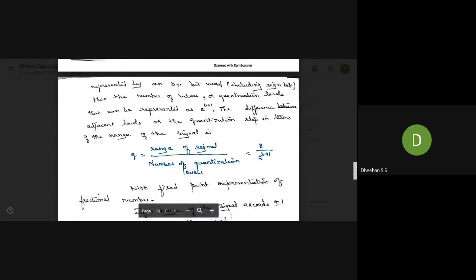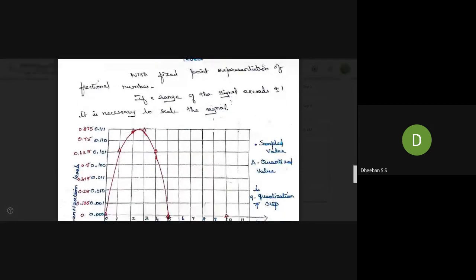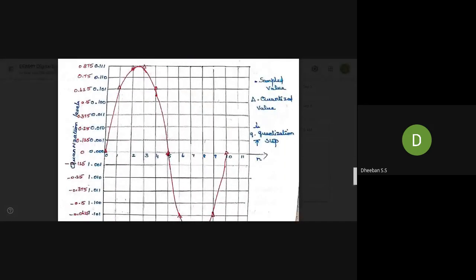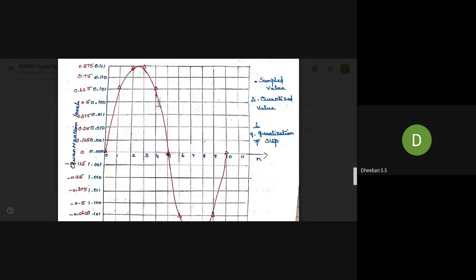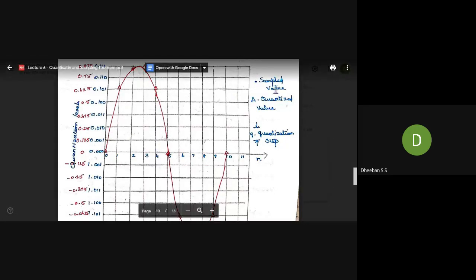So this is the range, and the range is determined by this equation. This dot represents your sampled value, and the quantized value is this.